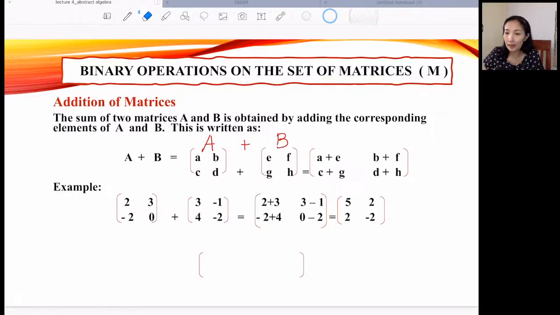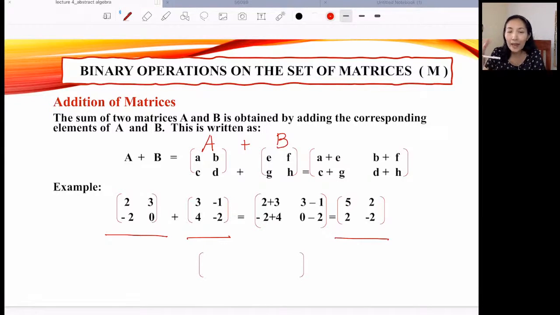Closure property is justified because, looking at the result, take note that we added 2 by 2 matrices, and the result is also a 2 by 2 matrix. Therefore, it is closed. So the set of 2 by 2 matrices is closed with respect to addition.